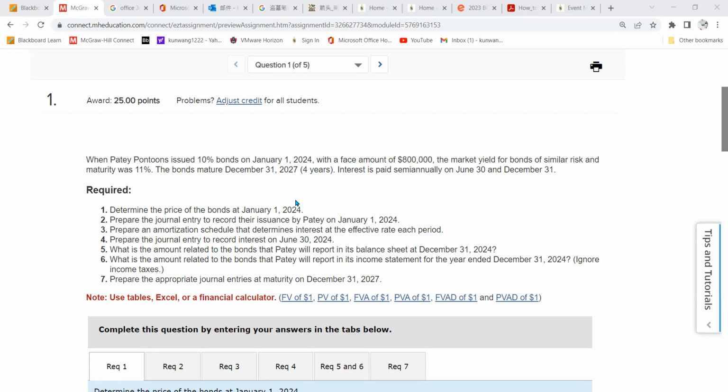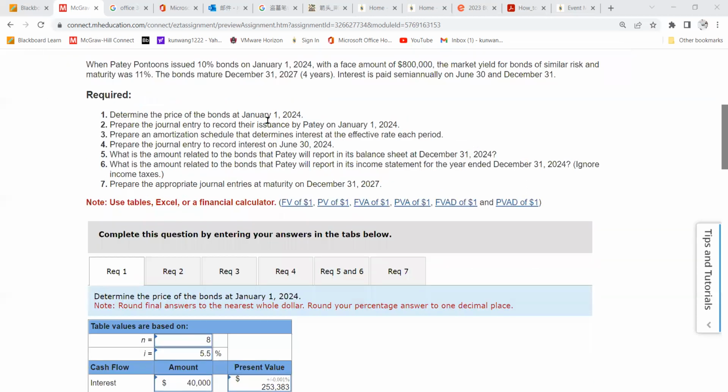But once we know the calculation, you will be able to figure out your own issues. And the second is the journal entry for the sale of the bond with discount. You already know we will have a discount.